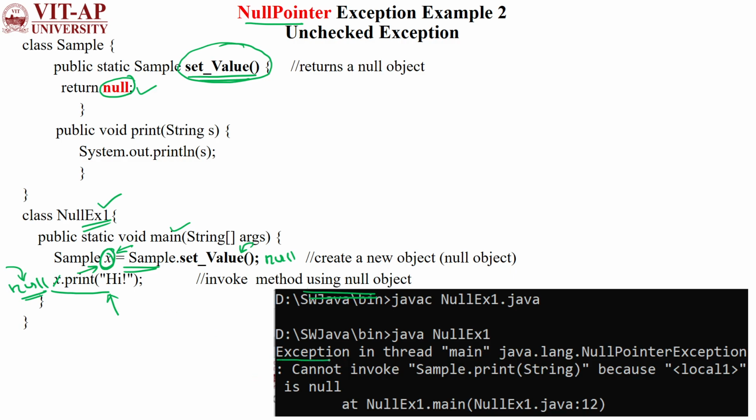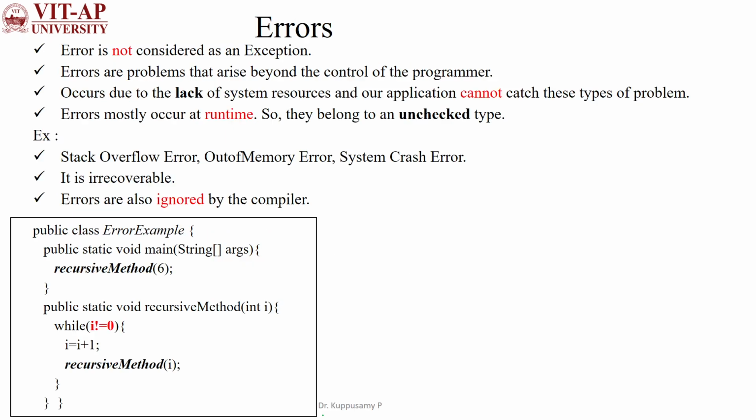You see, exception in thread main java.lang.NullPointerException, it cannot invoke the Sample.print method because it has the value null. That is another example of the NullPointerException.